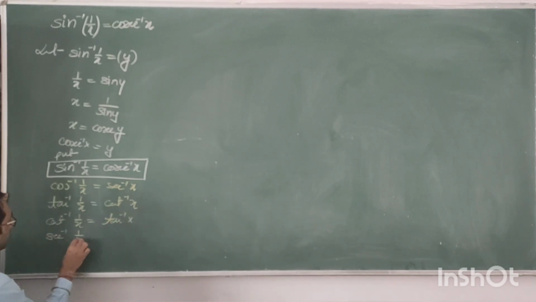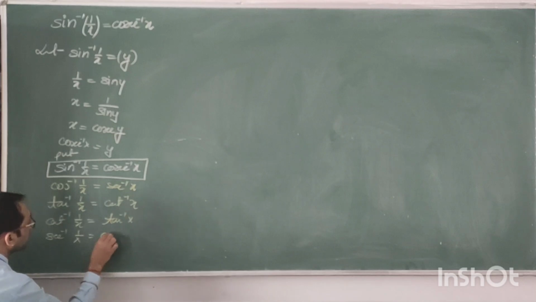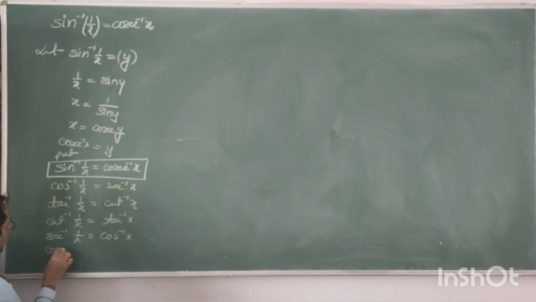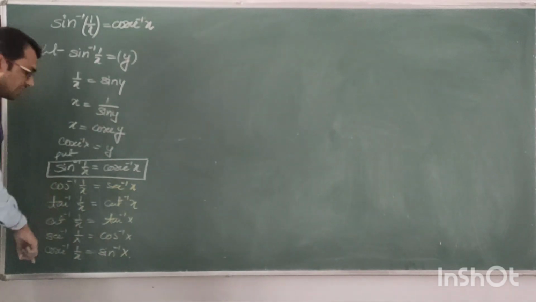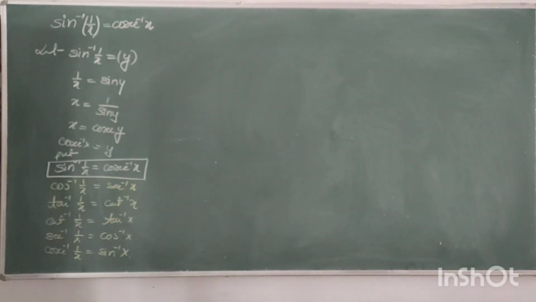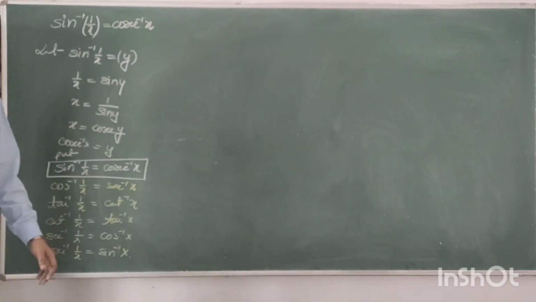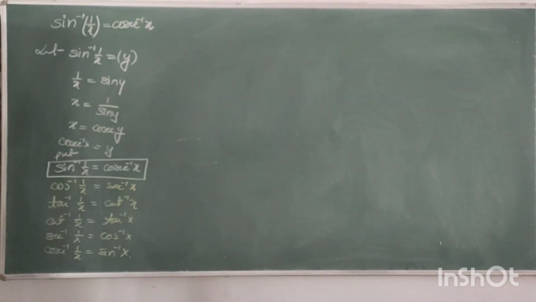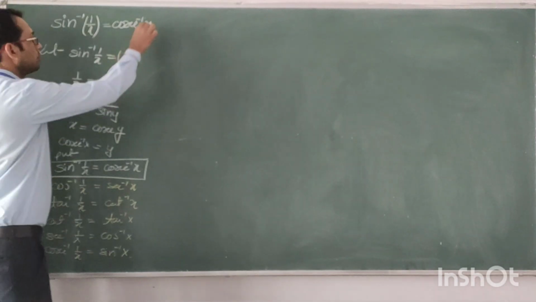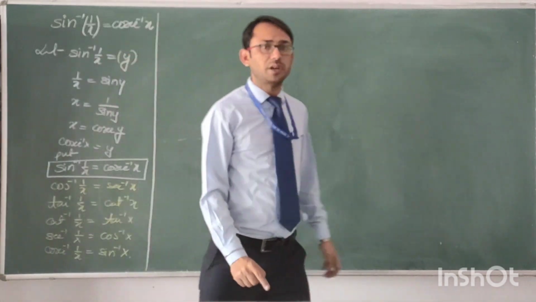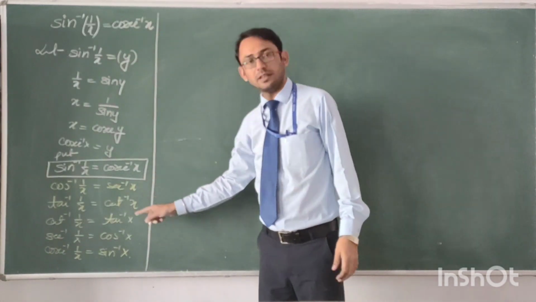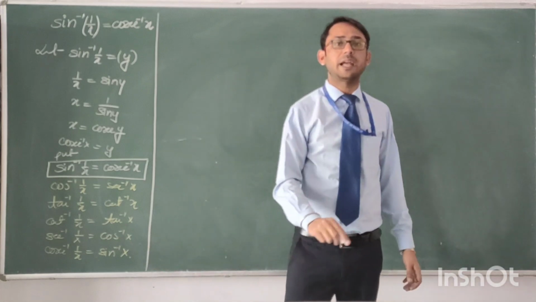Sec inverse 1 upon x will be cos inverse x, and cosec inverse 1 upon x will be sin inverse x. So likewise these 5 also we could solve. I suppose each one of us is able to understand it, and in the same way you have to prove them at home.